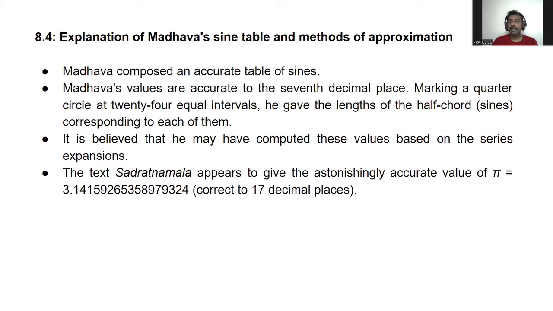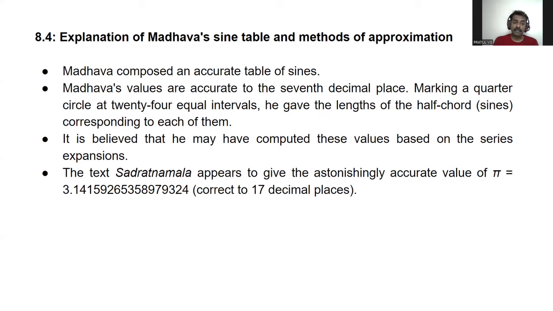Explanation for Madhava's sine table and method of approximation. Madhava composed an accurate table of sines. Madhava's values are accurate to the 7th decimal place. Marking a quarter circle at 24 equal intervals, he gave the lengths of the half chord corresponding to each of them.